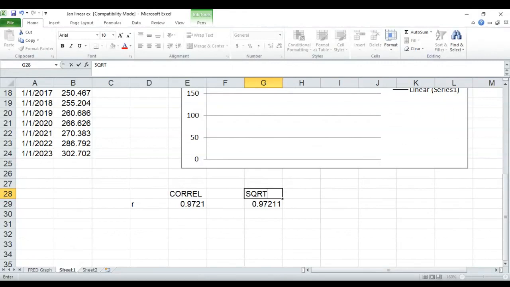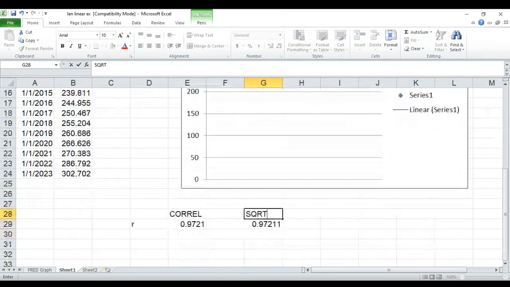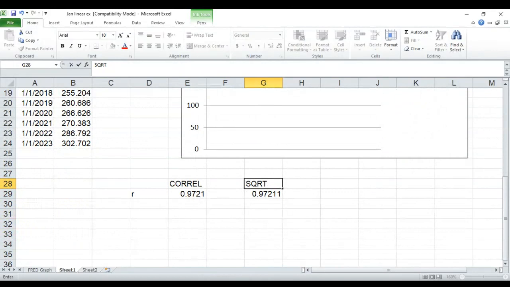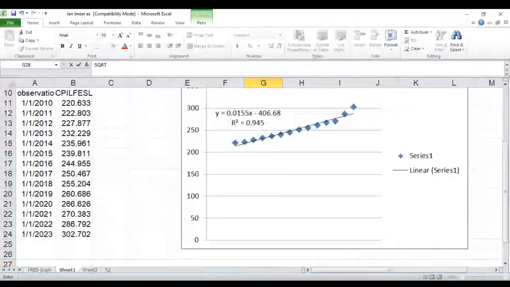I like using the correlation function because it probably gets you a closer answer. Since that's close to 1 and it's positive, and you can see it's positive because our slope is positive, that tells us we have a really, really good match for that line. It's really a good best fit.